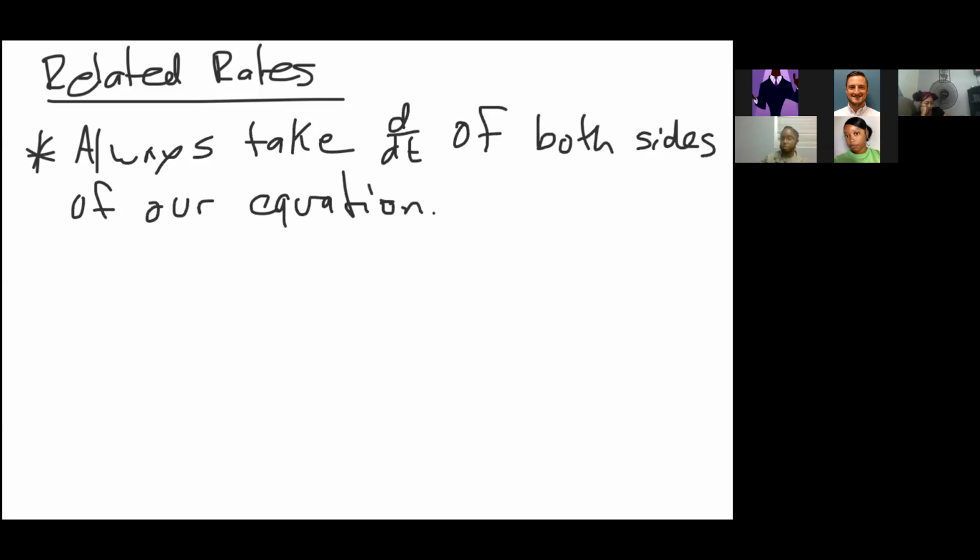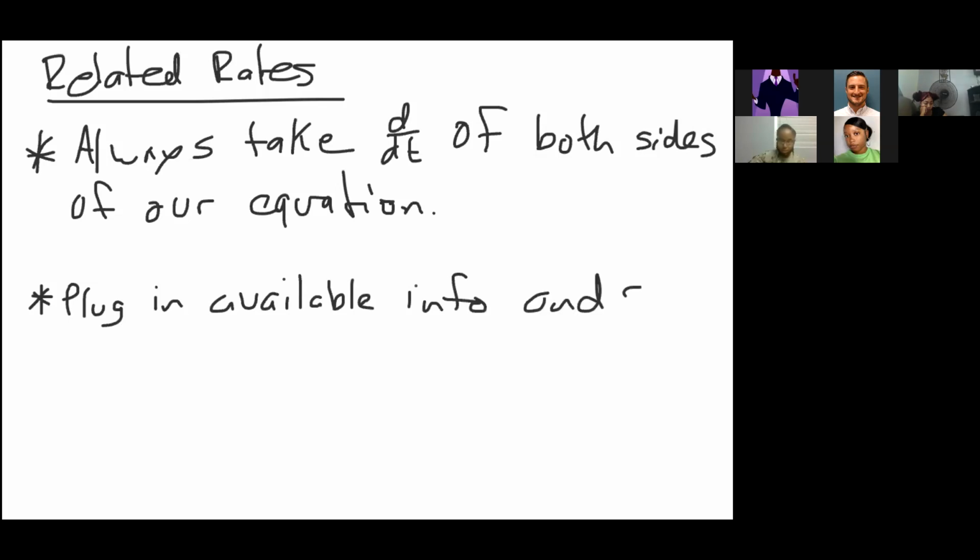Okay, so when we're talking about related rates problems, this is always kind of the first step after you identify what your equation is. You're going to take the derivative with respect to time of both sides, and then after that, there are some small mini steps, but overall, it's just plug in available information and solve for the desired variable or rate.